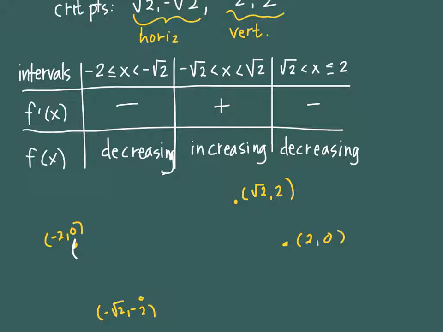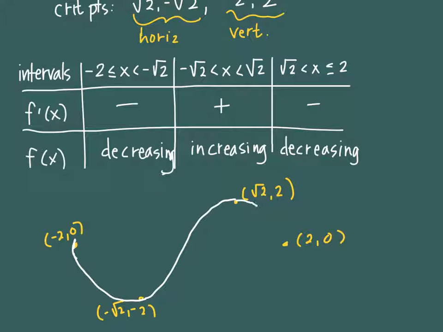But from there, I'm going to be decreasing until I get to this point here. And when I change from decreasing to increasing, I've now achieved a minimum. And now I hit my horizontal tangent. And now I'm going to increase all the way until I hit another horizontal tangent.